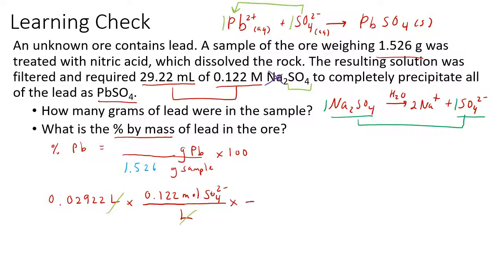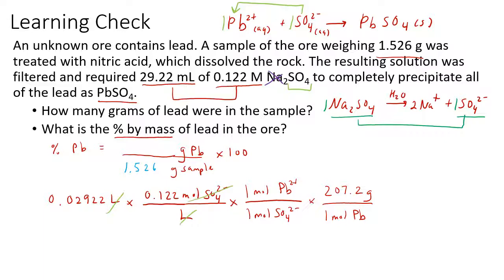From here we can use our balanced net ionic equation. 1 mole of sulfate reacts with 1 mole of lead 2+ ions. And using the atomic mass off the periodic table, 1 mole of lead is equal to 207.2 grams.